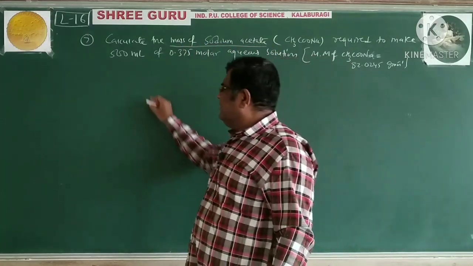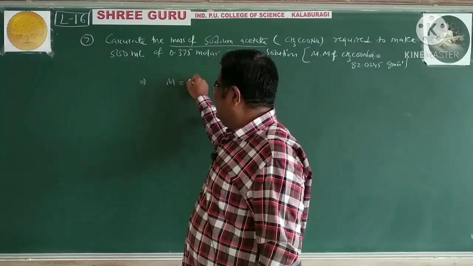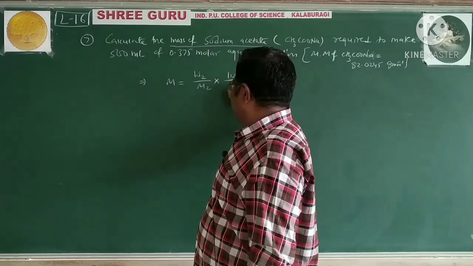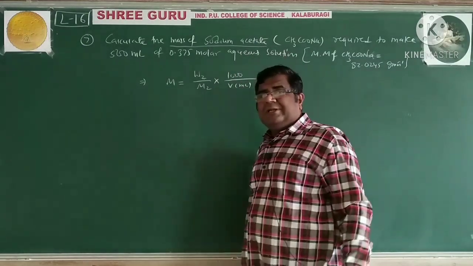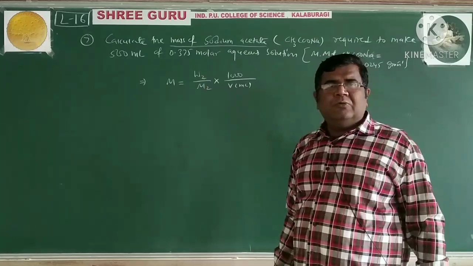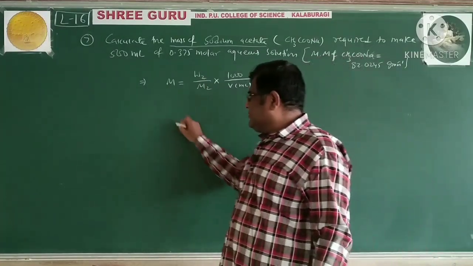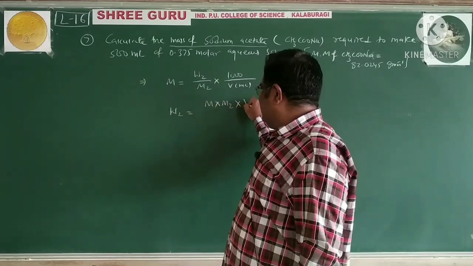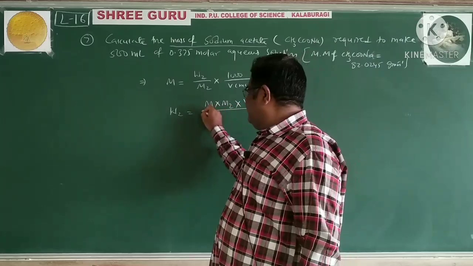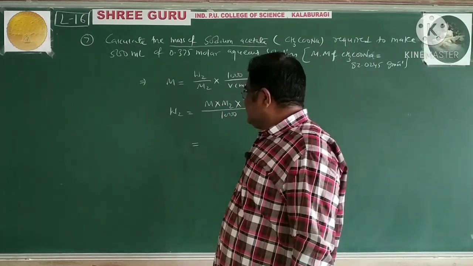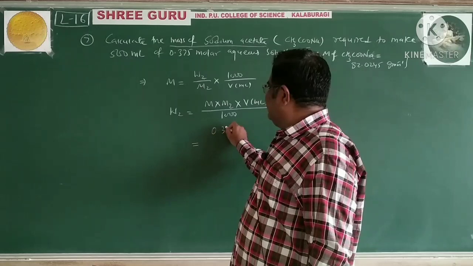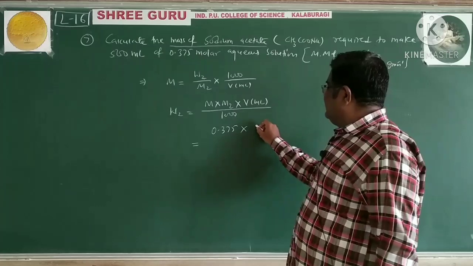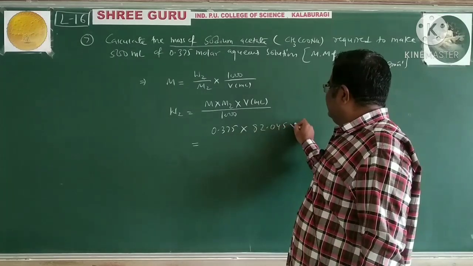So you can easily use this formula. Molarity is equal to mass by molar mass into 1000 divided by volume in milliliter. This mass we have to calculate. So we can just rearrange this, and mass is equal to molarity into molar mass into volume in milliliter divided by 1000. Molarity is given 0.375, and molar mass they have given as 82.045.